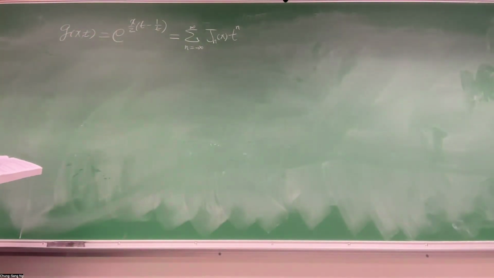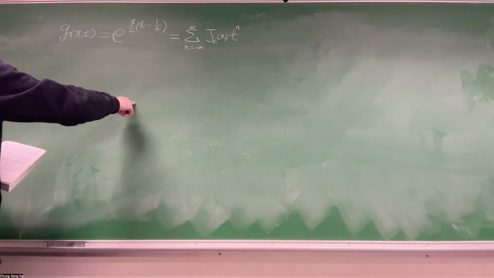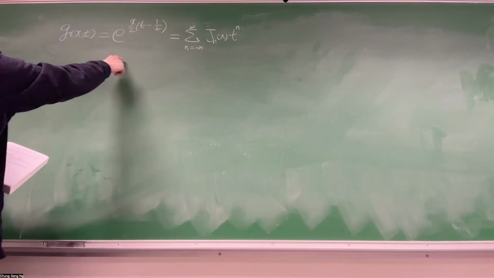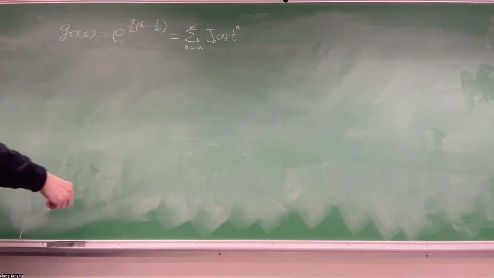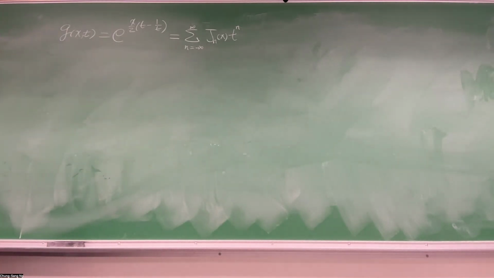We can derive the recurrence formula. There are two of them, and the most straightforward way to derive it is to take the derivative of g with respect to x and t. I forgot which derivative will give you which equation. Well, we can just try and see what we get.